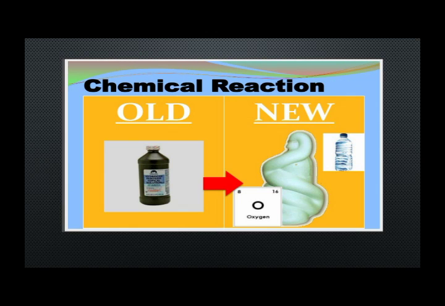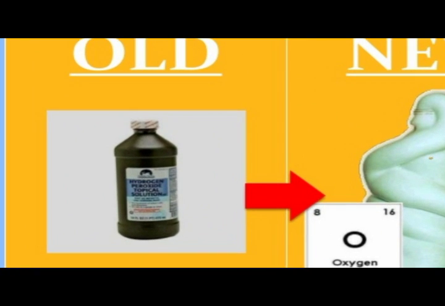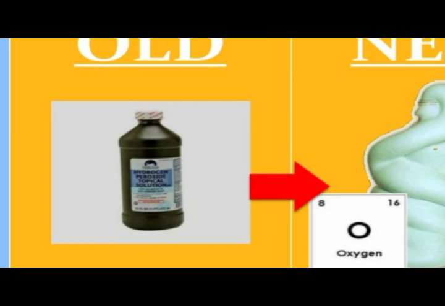Here you can see the picture in front of you on your screen, in which they are practically showing a chemical reaction. In the old one, on the left hand side, we have a bottle of hydrogen peroxide topical solution.